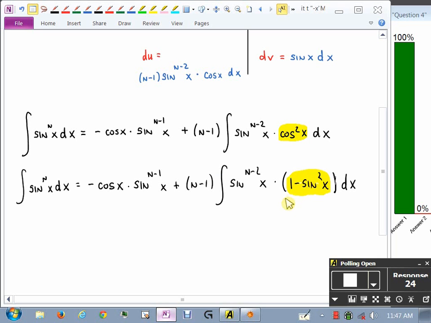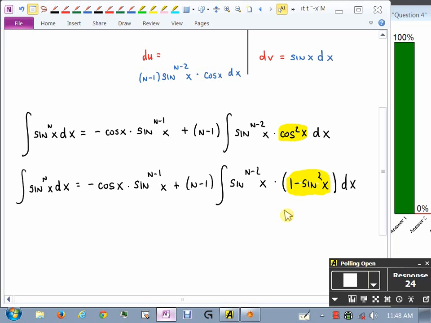And now what I'd like for you to do is entertain the idea of distributing this sine to the n minus 2 of x through this parentheses and tell me what you'd get. You get two terms, right? First one would be sine to the n minus 2 of x. The next one would be minus what?